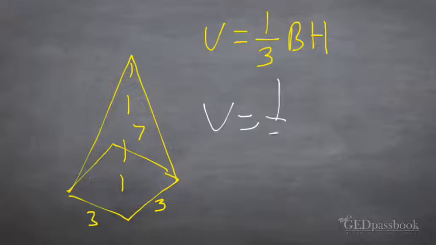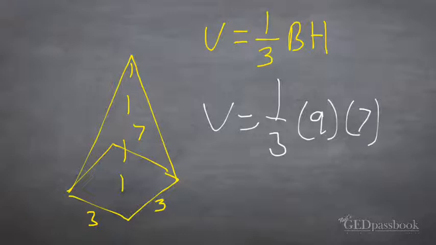Volume equals 1/3. What is my base? That's width times length, so it's 9. And what is height? 7. So this B, this base, is what I want to explain first before we go on. You could solve this probably, but what I care about is explaining how we got 9.